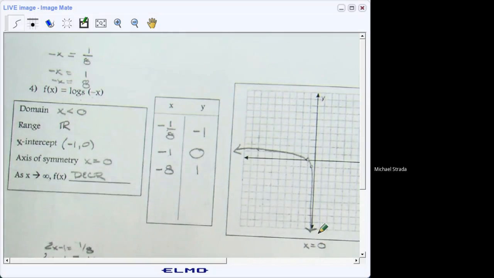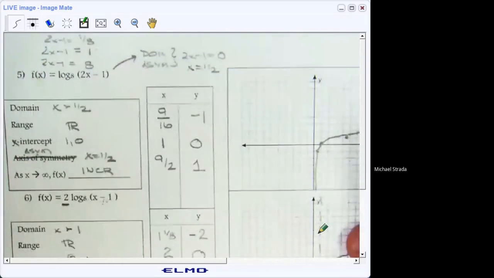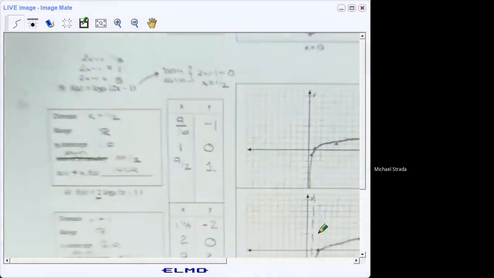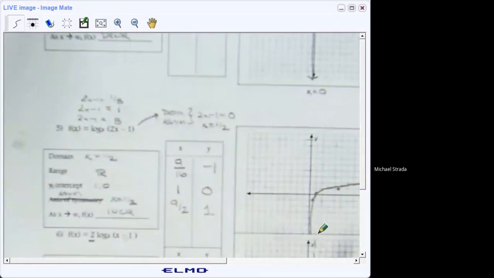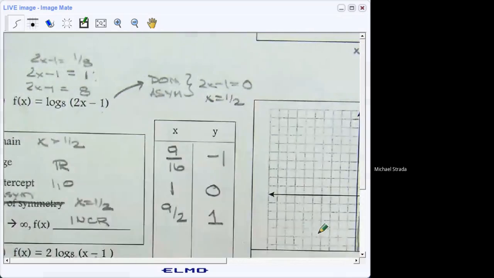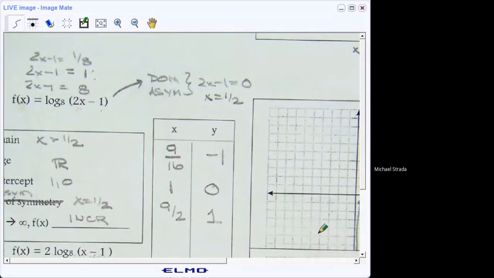All right. Log 8 of 2x minus 1 is f of x equals log 8 of 2x minus 1. Again, this is the idea. You take whatever's inside parentheses and you set it equal to 1 over the base, 1, and the base. In this case, 1/8. The other new thing is to get the domain and the asymptote, you set it equal to 0.